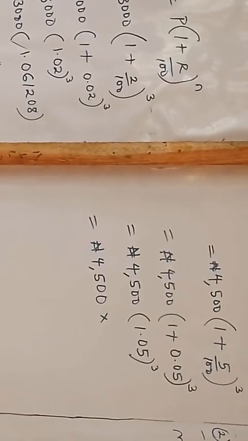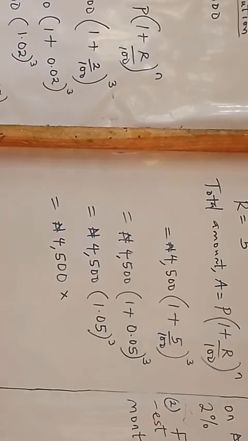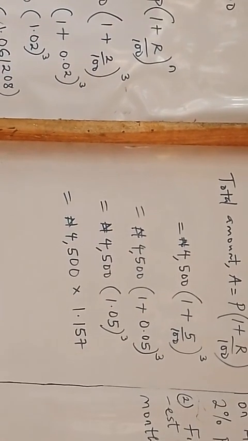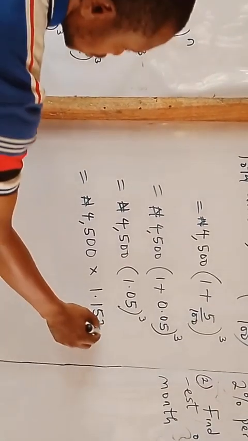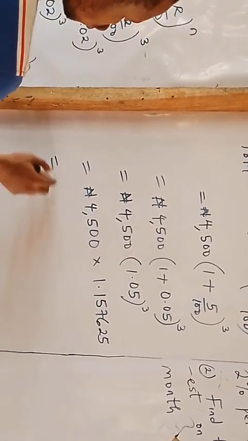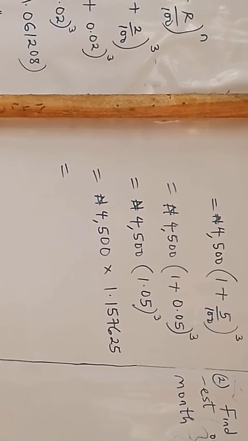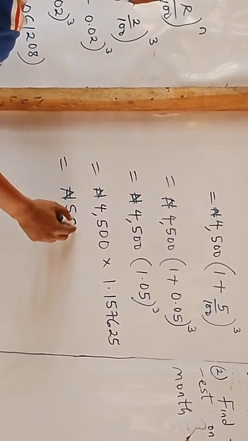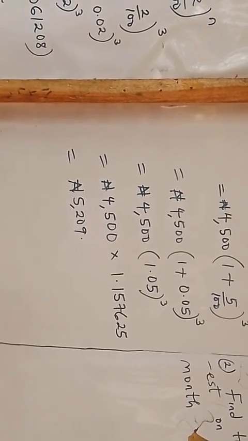And by the time you do that, your answer will be 1.157625. So the next thing to do is to multiply them together. So let's press our calculator and do that. We are going to have 5,209 naira 0.3125.